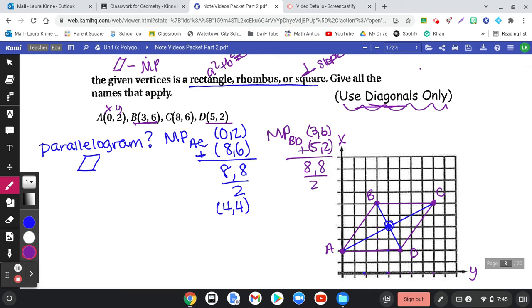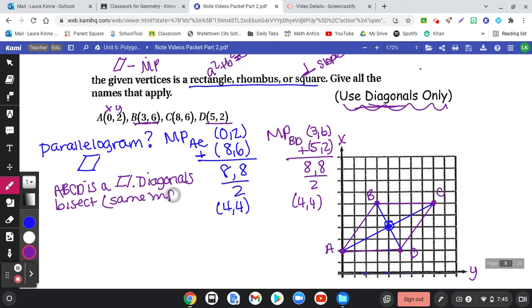Divide them, and we get 4, 4. So we got the first thing. ABCD is a parallelogram. And the reason: diagonals bisect each other. They have the same midpoint. You need to give some kind of statement.